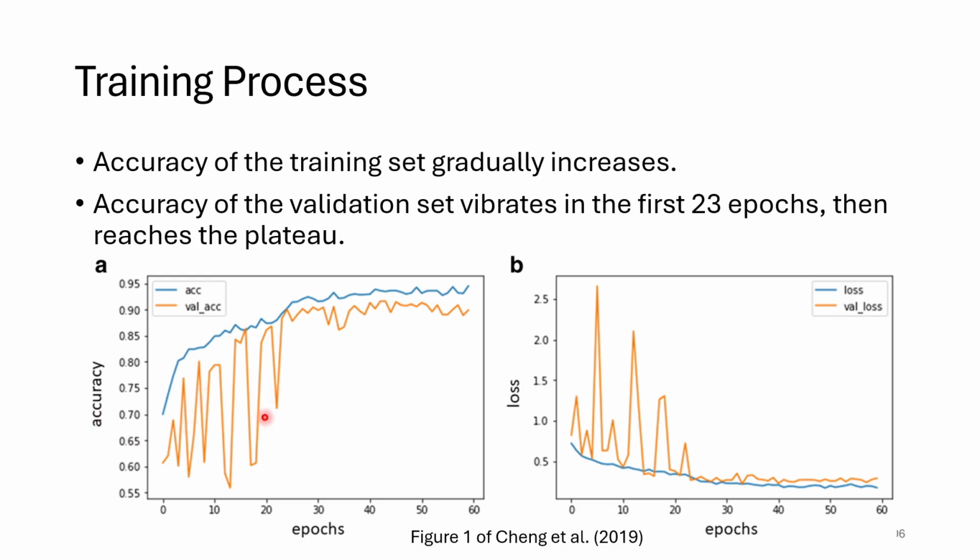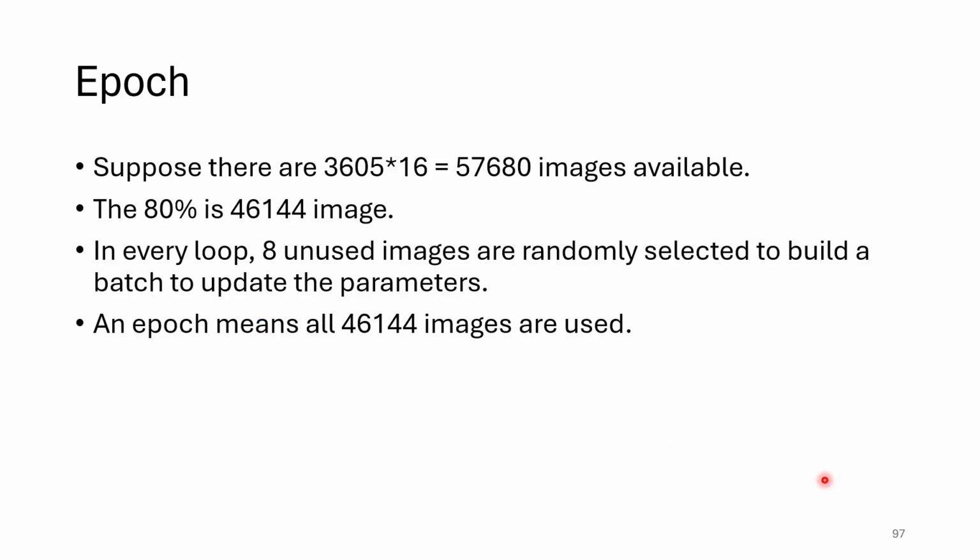So this is the accuracy and this is the loss. As you can see, both the training loss and the validation loss gradually decreased.